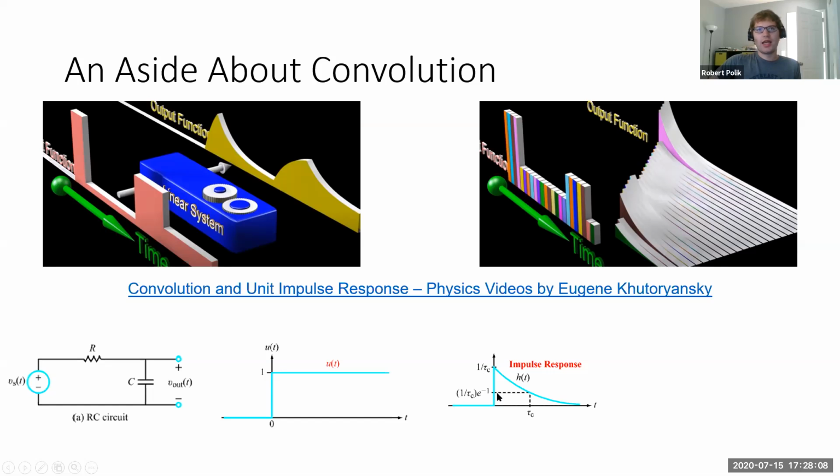So this 1 over tau c is how much our output is increasing by. Then as we go forward in time, we're stacking more and more of these impulse responses on top of one another until we get all the way to the end. And the height that we're actually at is the area under this impulse response.